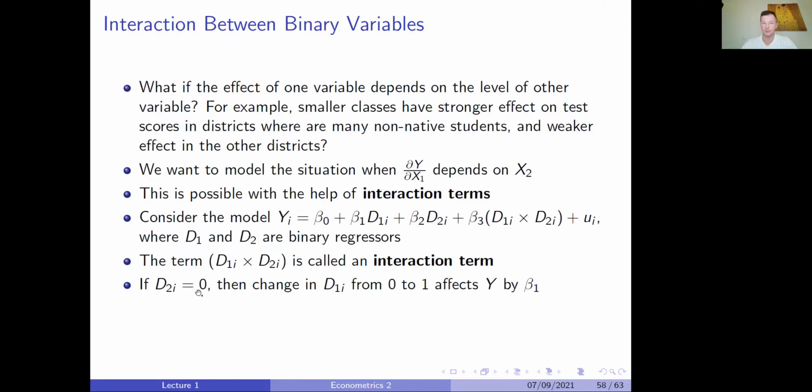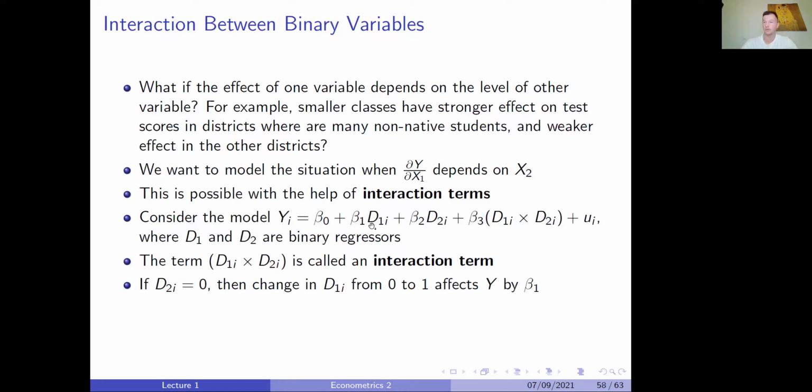So if D2 is 0, put 0 here, put 0 here. What do we have? We have this expression, y equals beta 0 plus beta 1 D1. So a change in D1 affects y by beta 1. If D1 changes from 0 to 1, y changes by beta 1.